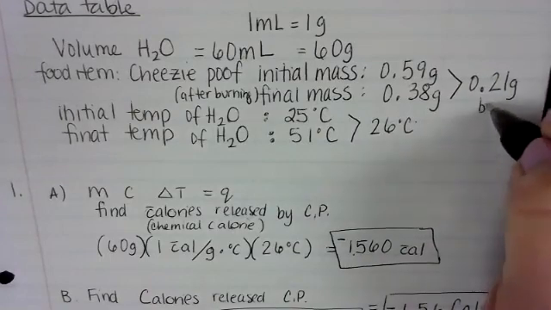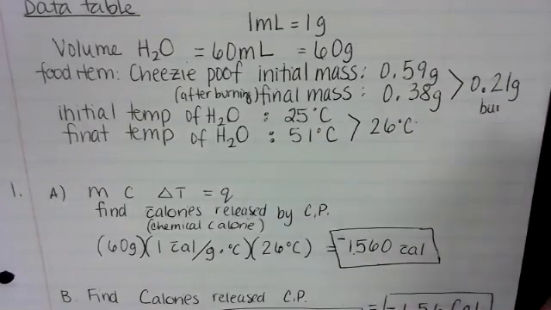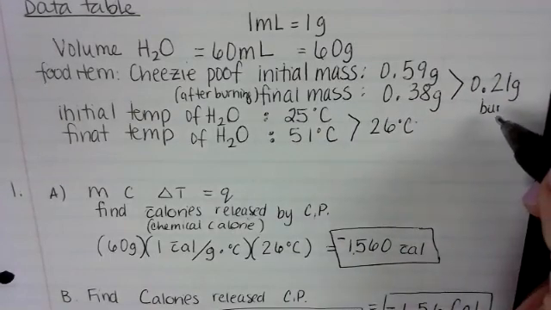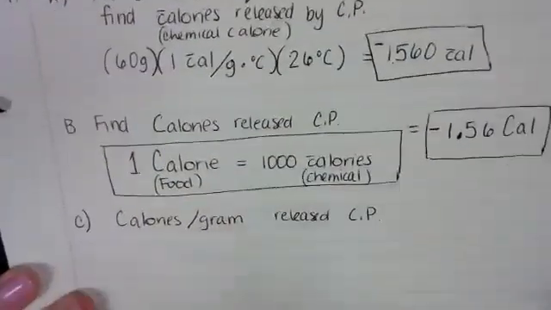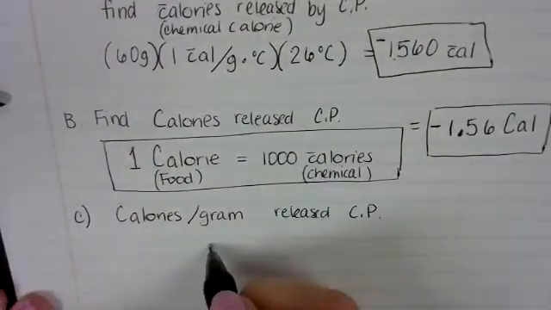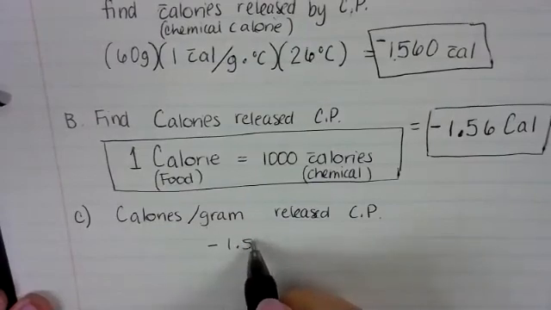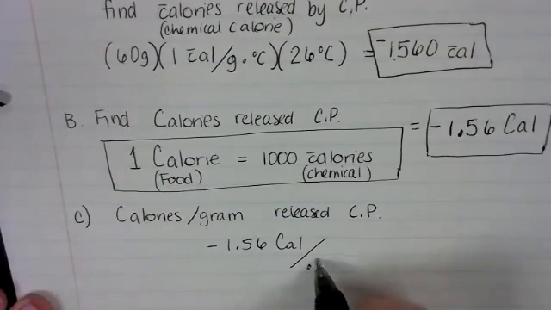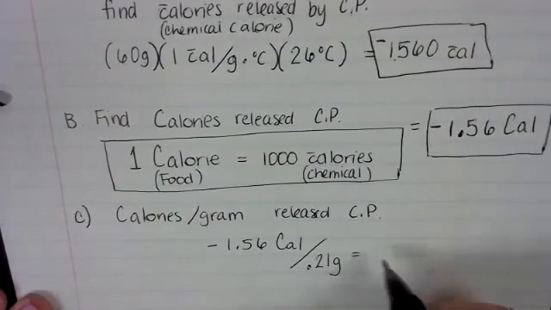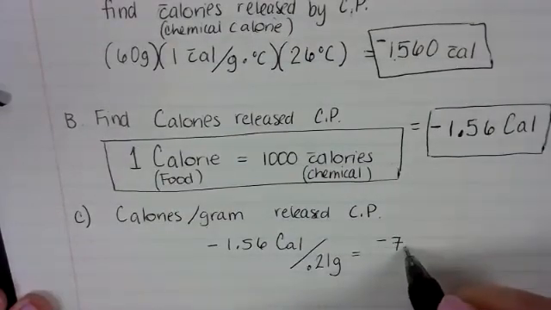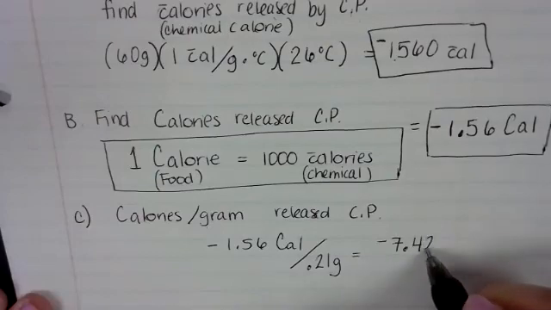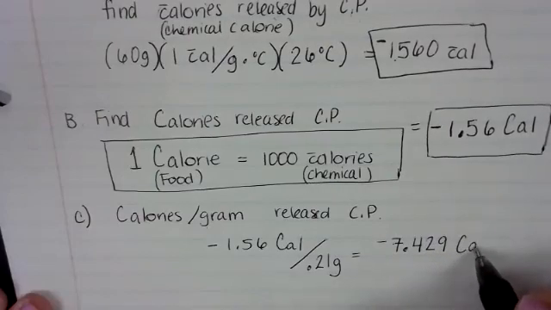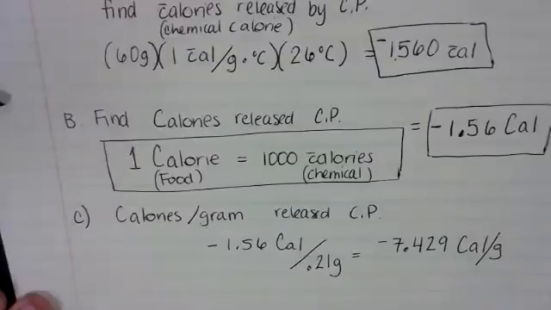So this is how much you burned. Now we're going to do the calories, so we'll take 1.56 food calories divided by 0.21 grams, and we get 7.429 food calories per gram.